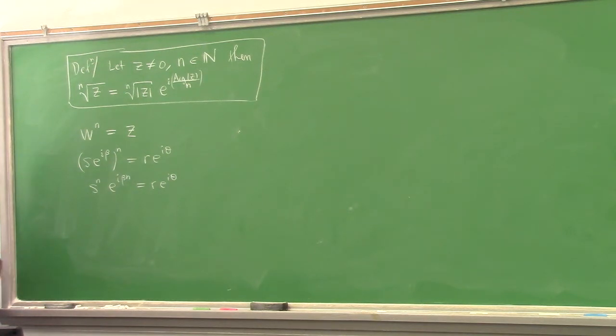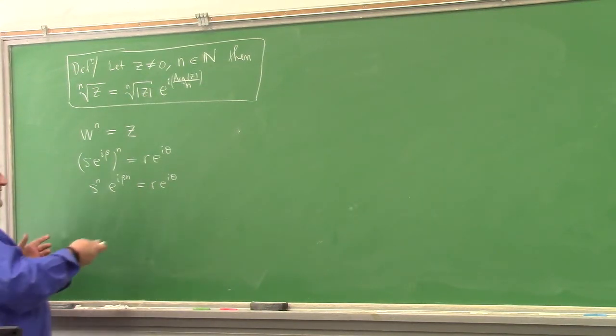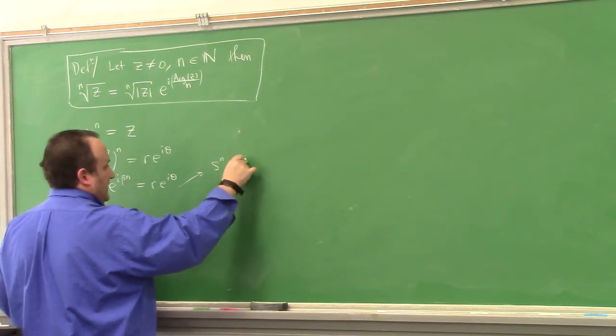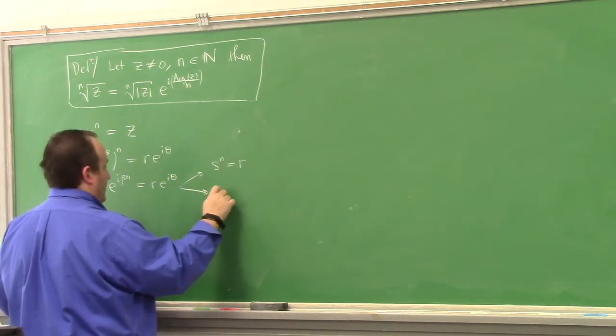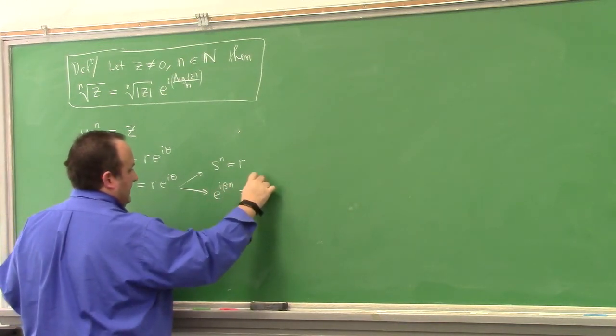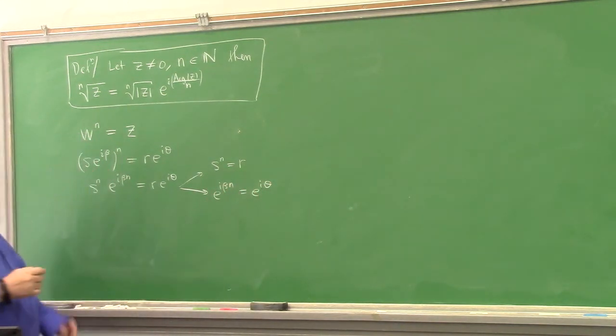It's really a two-dimensional vector problem, right? For two-dimensional vectors to match up, they have to have the same length and the same direction. The imaginary exponential really captures the direction. So this gives us two equations: s to the n equals r, and e to the i beta n equals e to the i theta, right?